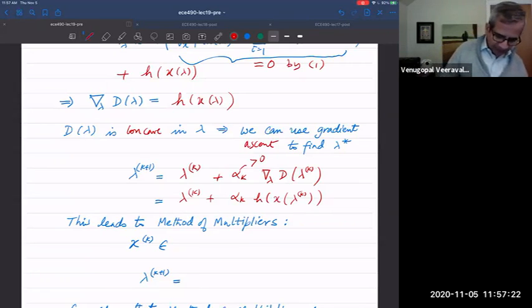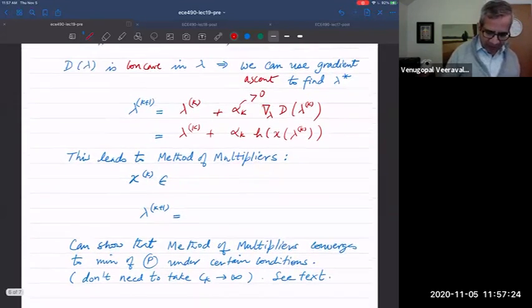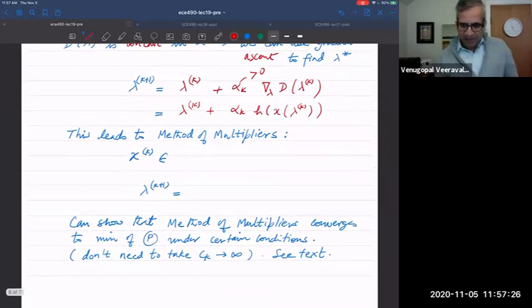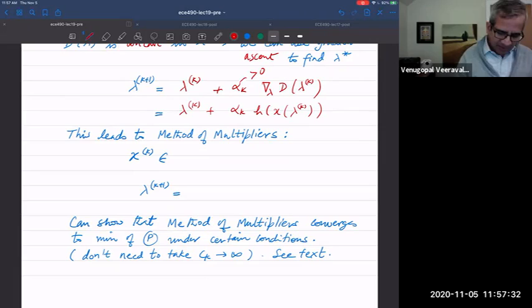All right. So this whole thing leads to what's called the method of multipliers, which is a numerical technique to solve equality constraint optimization problems. So the method of multipliers says that what you need to do at step k is find the minimum of L_ck.